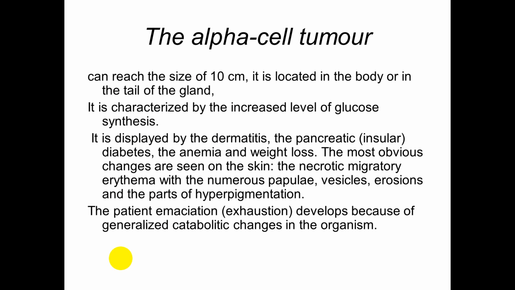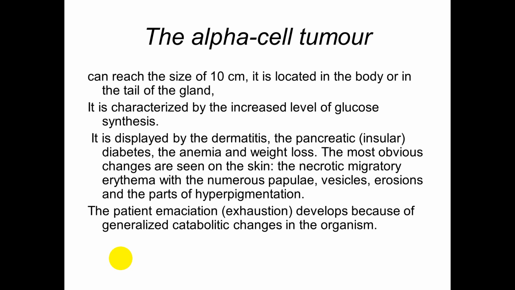It is located in the body or in the tail of the gland. It is characterized by increased level of glucose synthesis. It is displayed by the pancreatic insulated diabetes, the anemia, and weight loss.